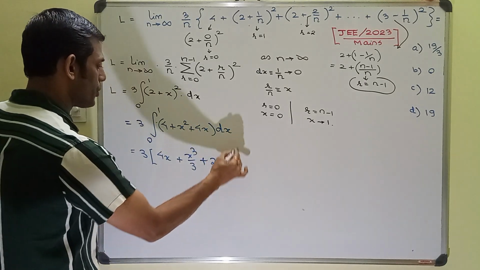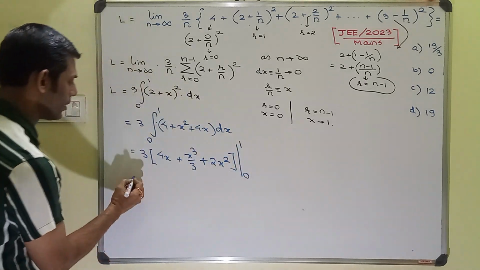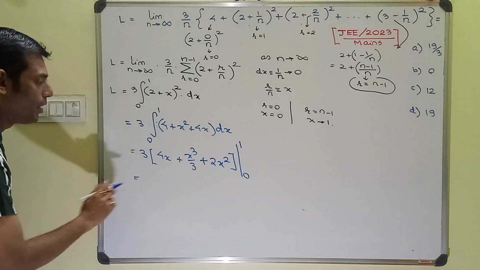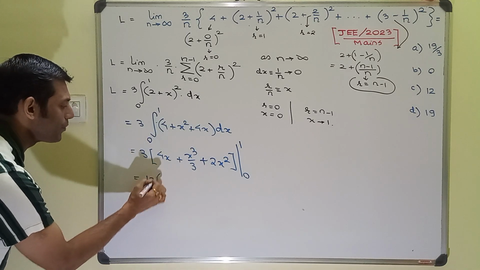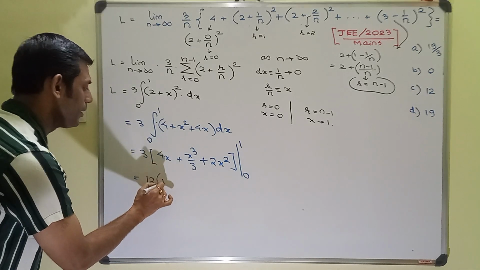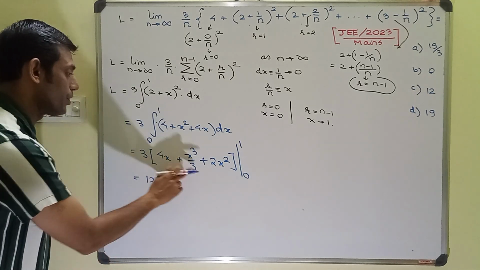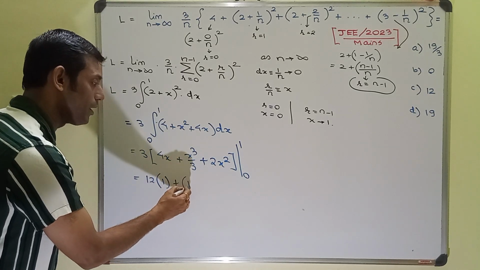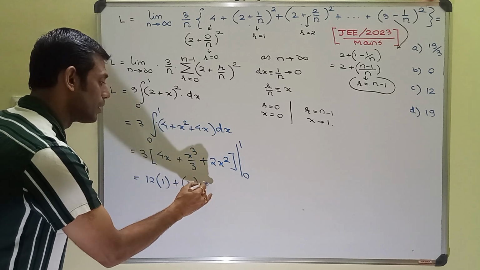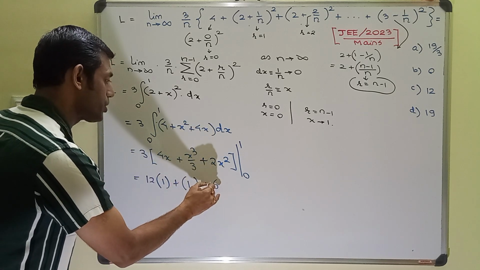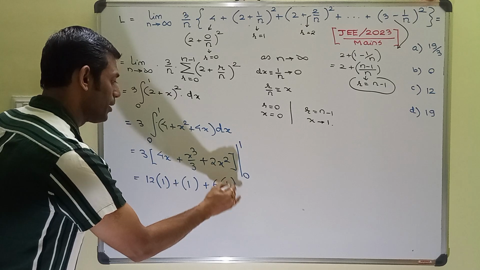And all this with a limit 0 till 1. So let's solve the things. This is 12 times 1 plus 3 cancels, x cube, 1 cube minus 0 cube, plus 3 into 2, 6 into x square, 1 minus 0.